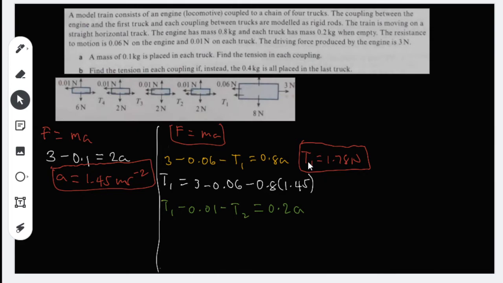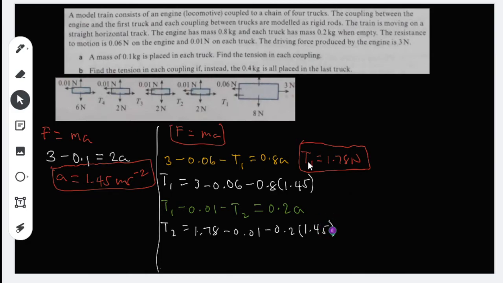So to solve for tension 2, T2 is equal to T sub 1, which is 1.78, minus 0.01, minus 0.2 times the acceleration, which is 1.45.